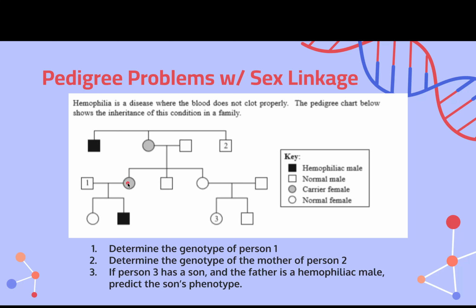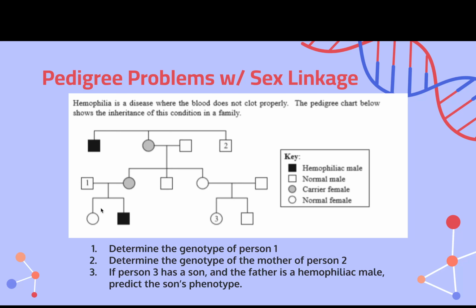So, to figure that out, we look at the daughter. The daughter is not a carrier based on this key. She is a normal female. For her to be a normal female, she needs to have the X capital H, X capital H pair.